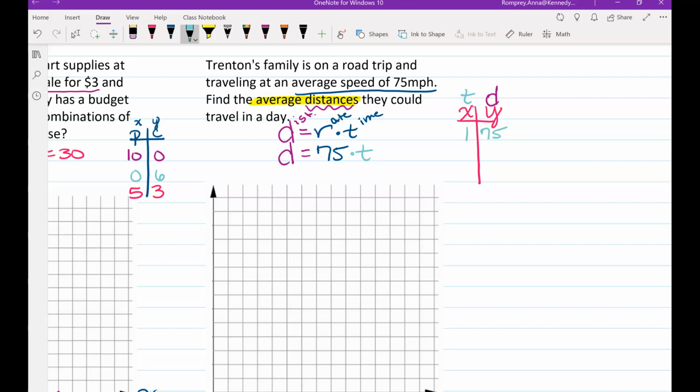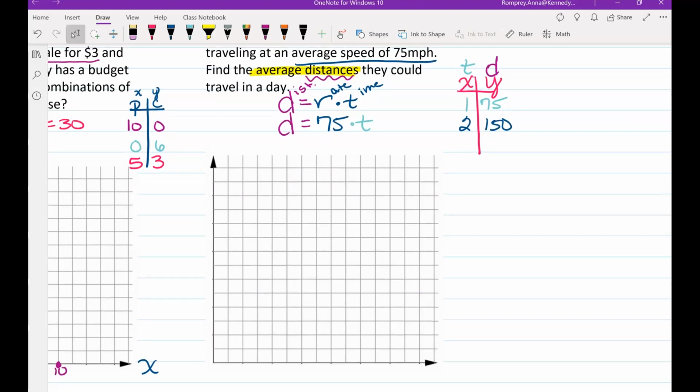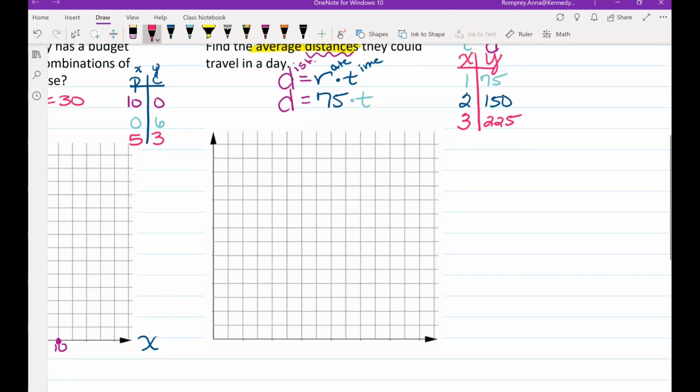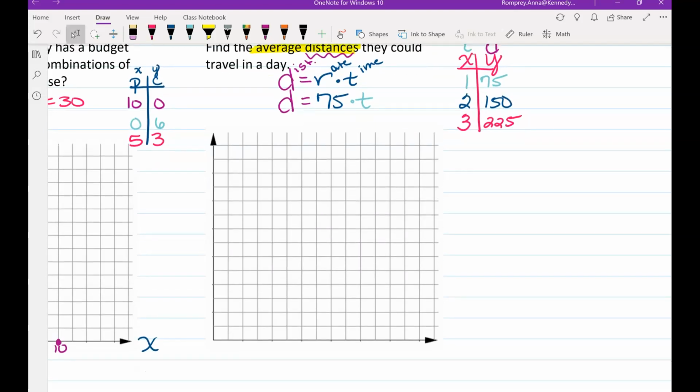What about 2? 2 hours, 2 times 75, about 150 miles. All right, assuming we don't have to take any bathroom breaks, let's figure out for 3 hours. So 3 hours, another 75 gives me 225.